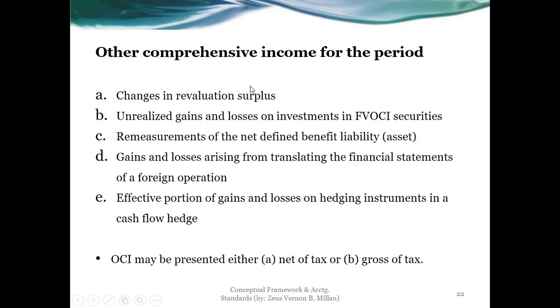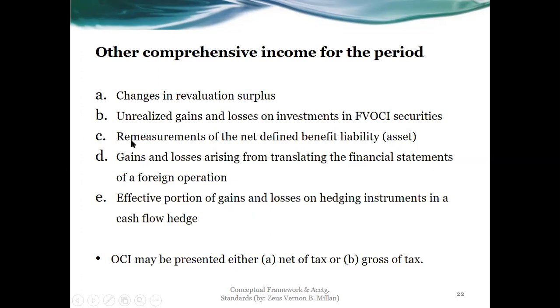The fair value is the value in the market. So we have to adjust or continue the revaluation so that the value of the PPE item, like a building or the land, would be equivalent to what is in the market.